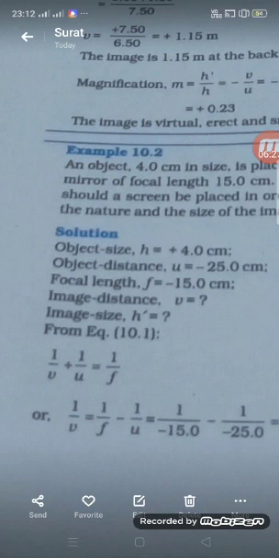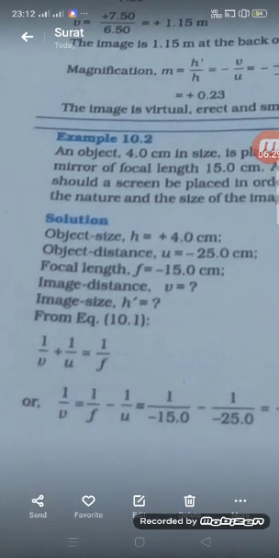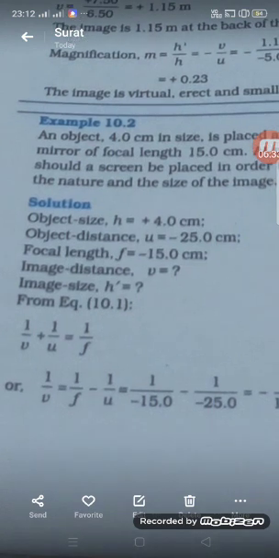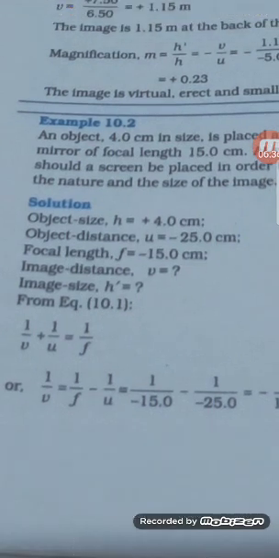So always, whether your answer is coming or not, you have to write the data which is given in the question. So object size h is 4.0 centimeter. The object is placed at 25.0 centimeter in front of a concave mirror.